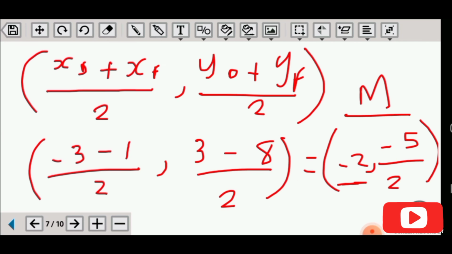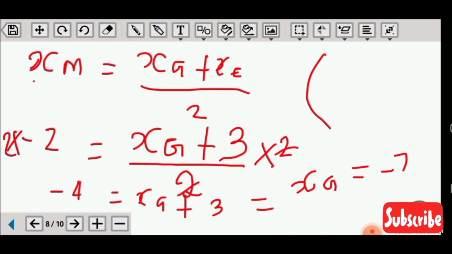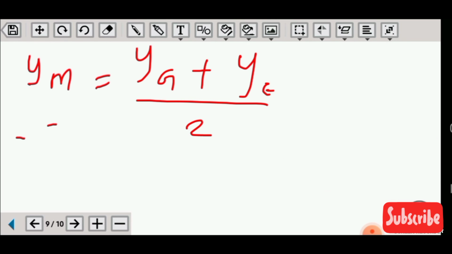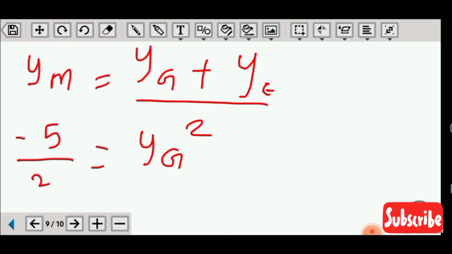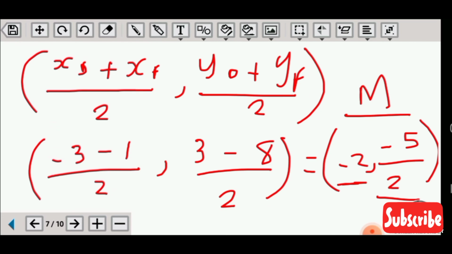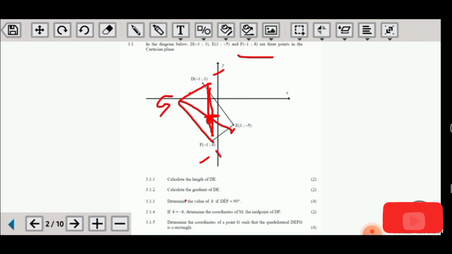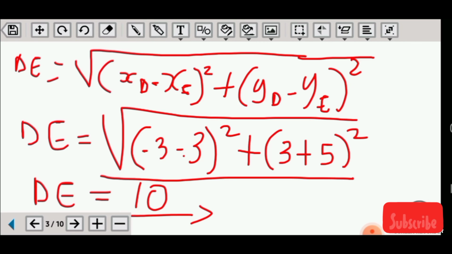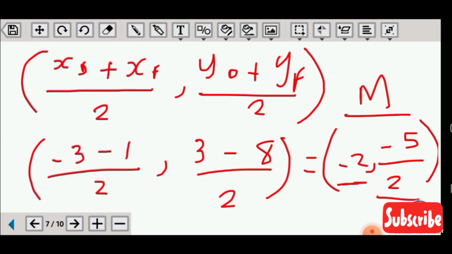And the y of the midpoint was -5 divided by 2. So let's substitute this into the formula. So this is -5 divided by 2 is equal to yG, and the y of point E is -5.